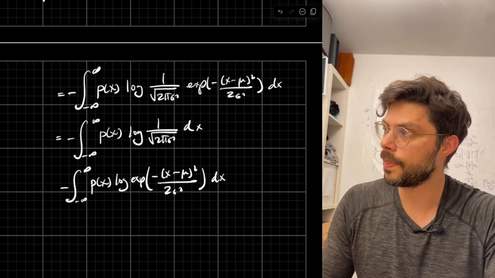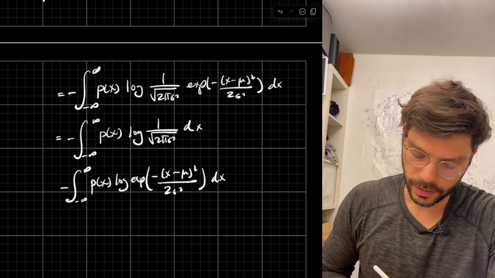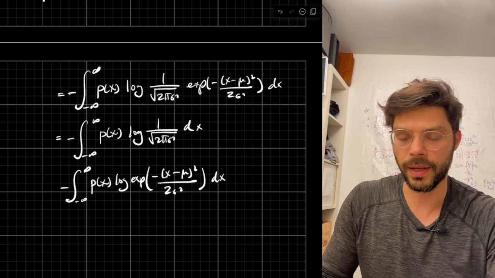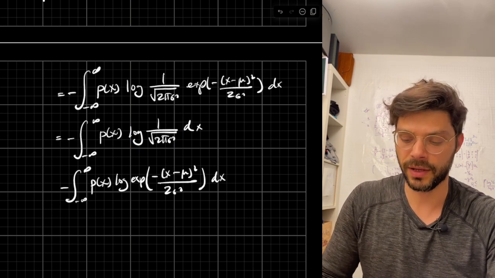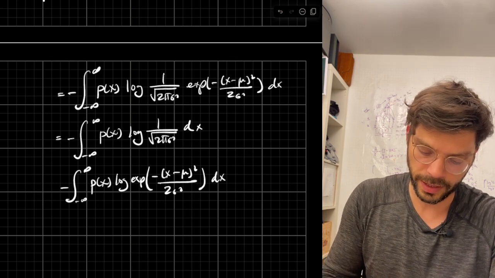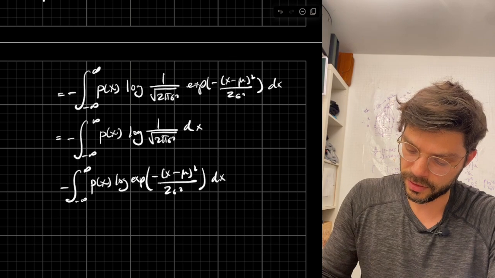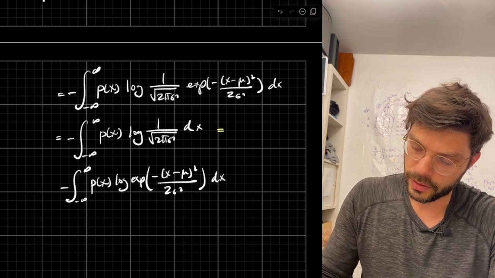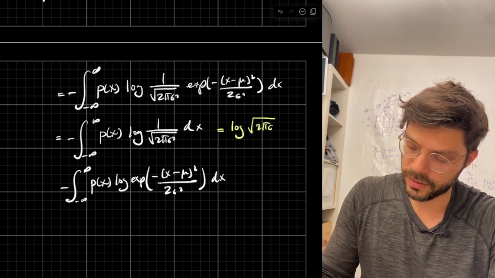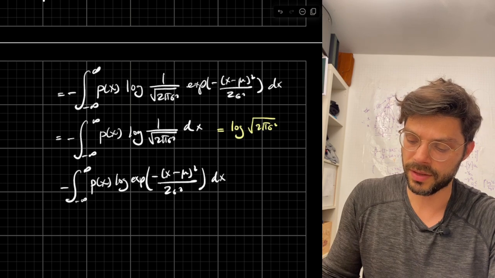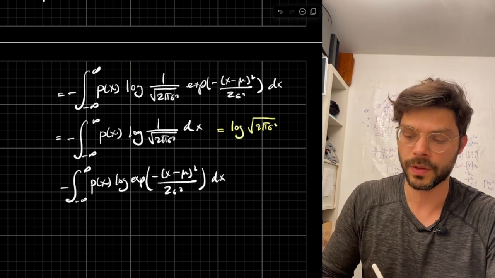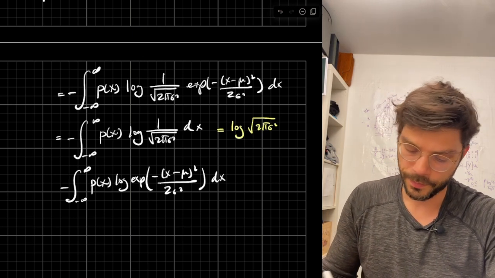Now again, notice that this constant component doesn't depend on x, so we can move it outside of the integral, and we've already done this once, so I'm just going to jump to the answer right away. This bit is just going to equal log of root 2 pi sigma squared. The reason it's come up to the numerator is because of the minus sign.